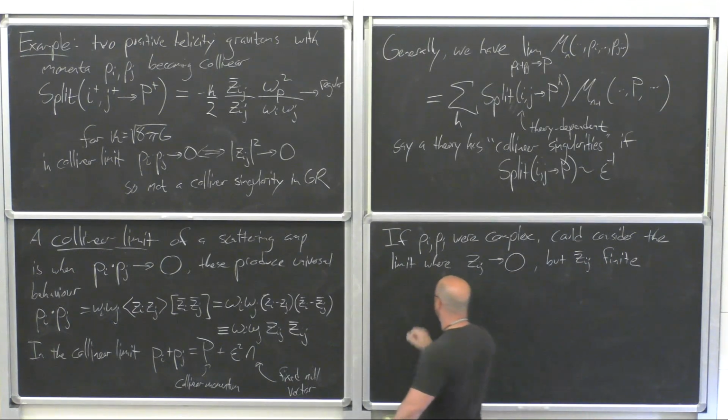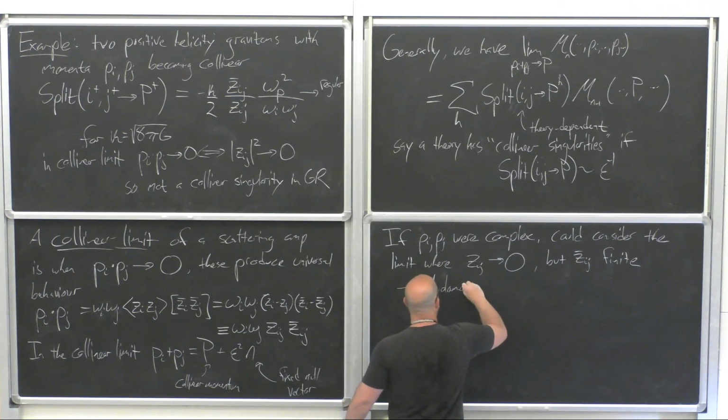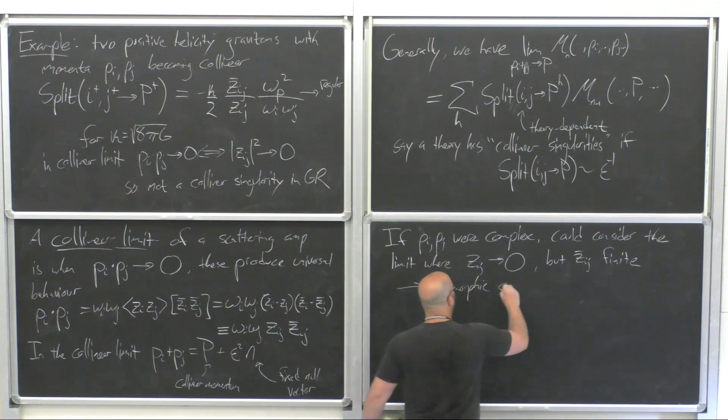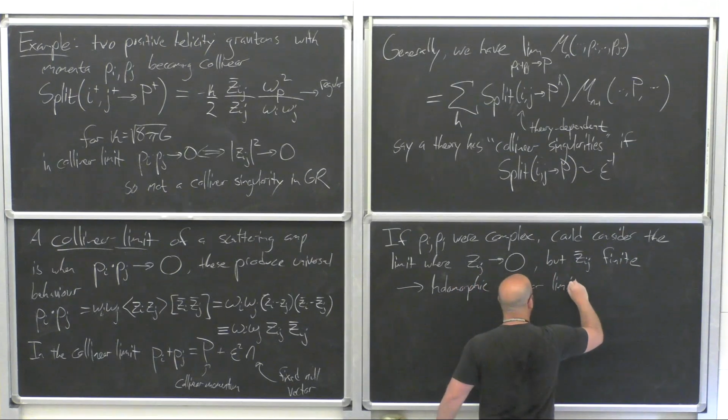And this is something called the holomorphic collinear limit.